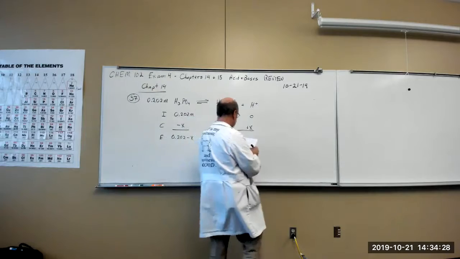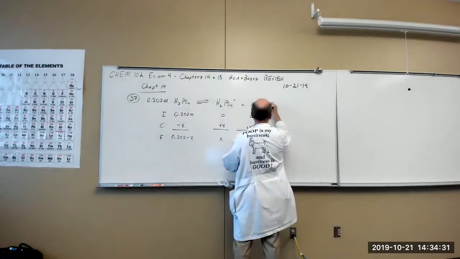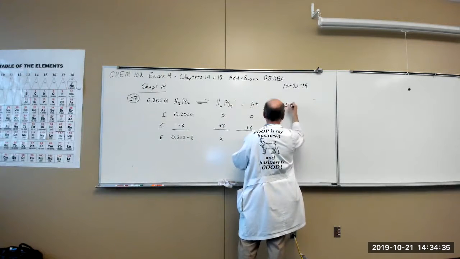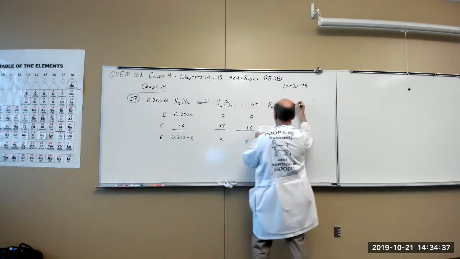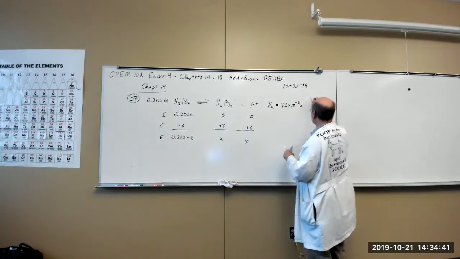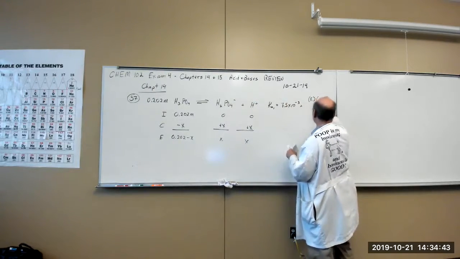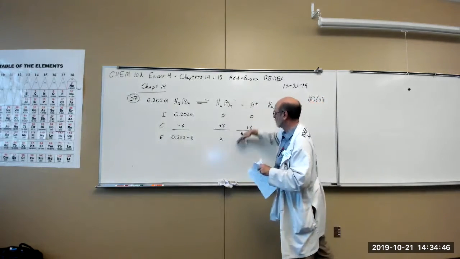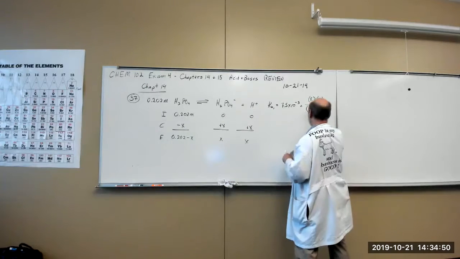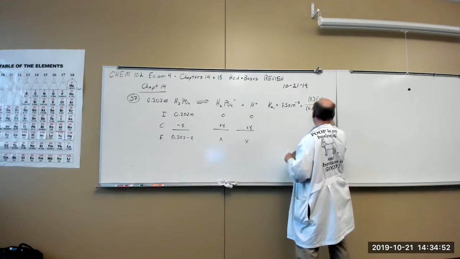So we only have to concern ourselves with the first one, and that's equal to 7.5 times 10 to the minus 3. And that's equal to x times x, products over 0.202 minus x.